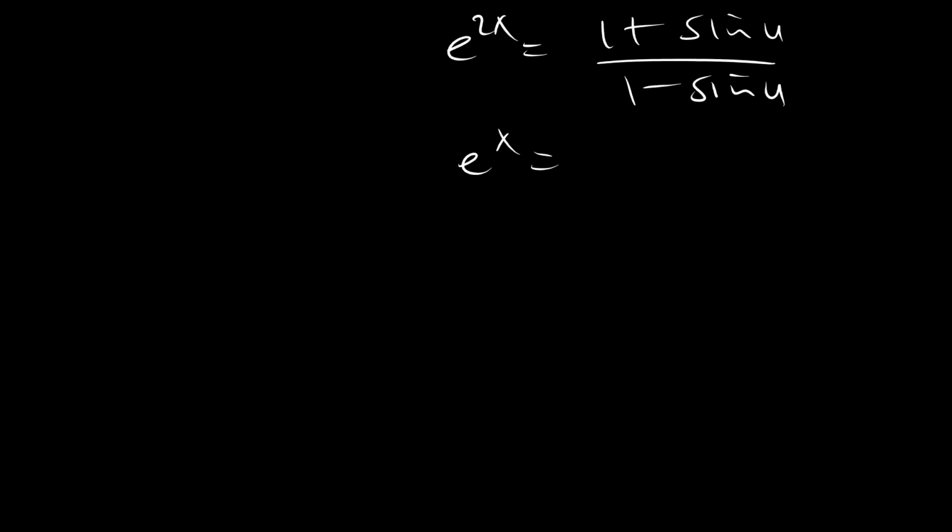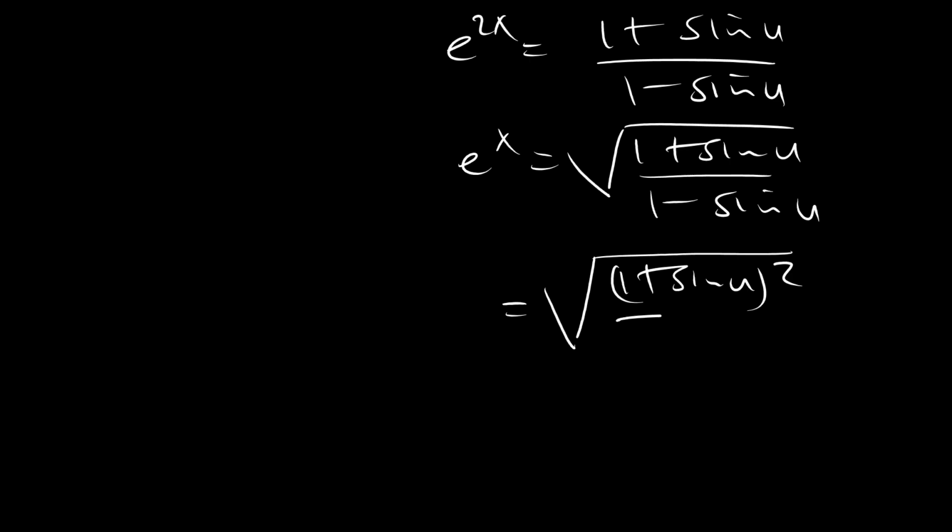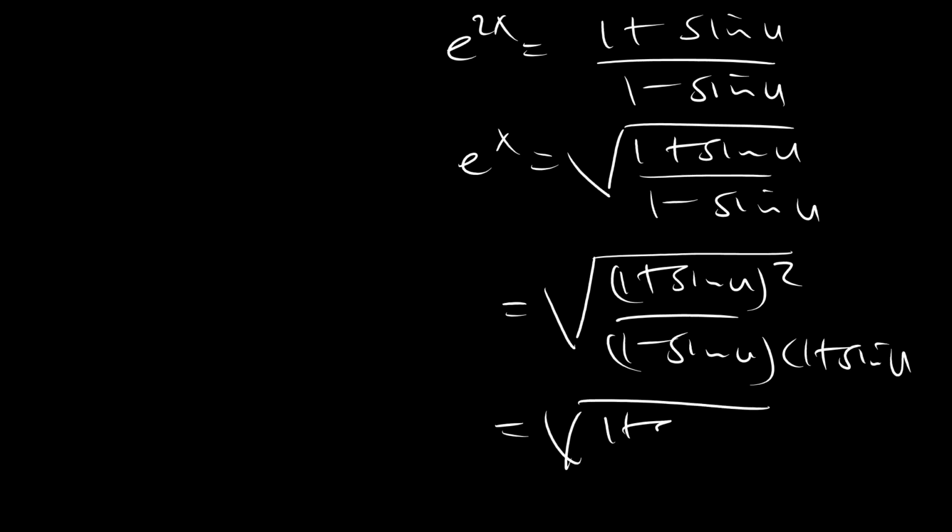So e to the x equals the square root of (1 plus sine u) over (1 minus sine u). And then this is the same as (1 plus sine u) squared over (1 minus sine u)(1 plus sine u), which is equal to (1 plus sine u) squared over (1 minus sine squared u).